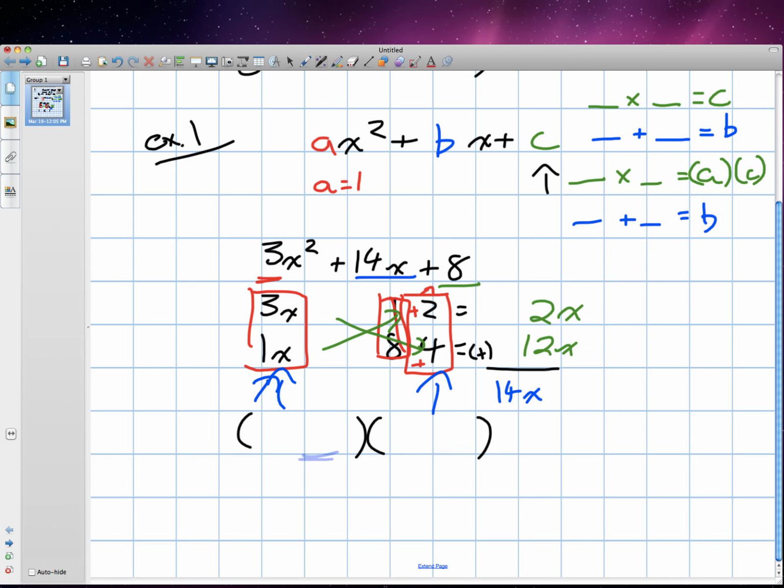The first column I used, 3x and 1x, are going to be the first terms in each bracket. So I'm going to put 3x in one of the brackets and 1x, or just x, in the other bracket. Now, this is the only tricky part. Because I multiplied 3 times positive 4, they have to go in opposite brackets. So where does the positive 4 go, Brendan?